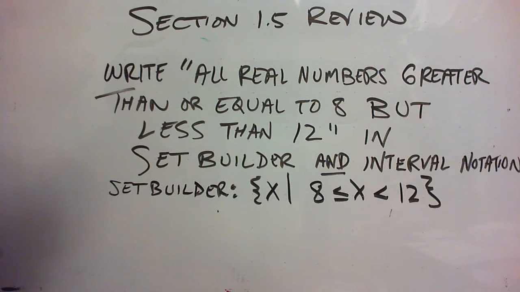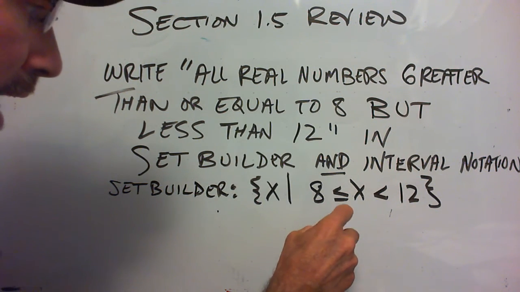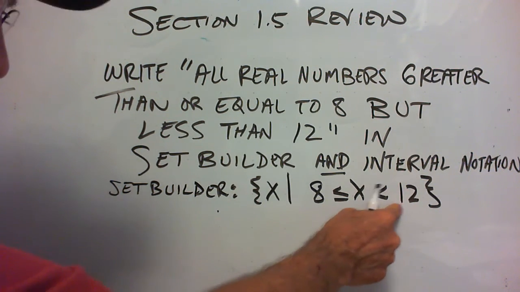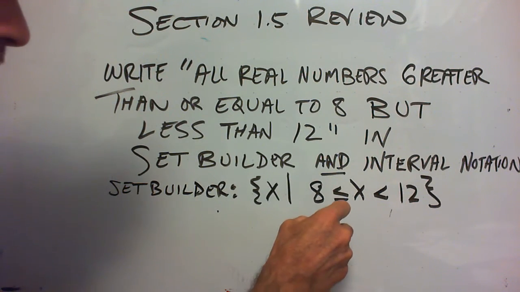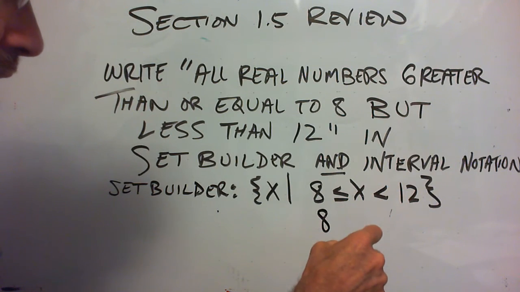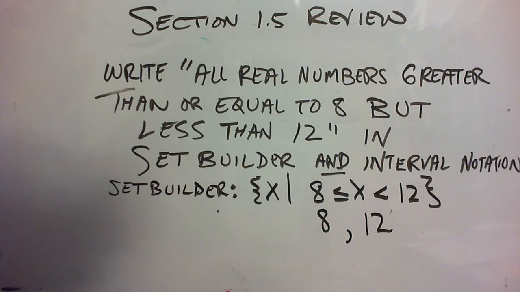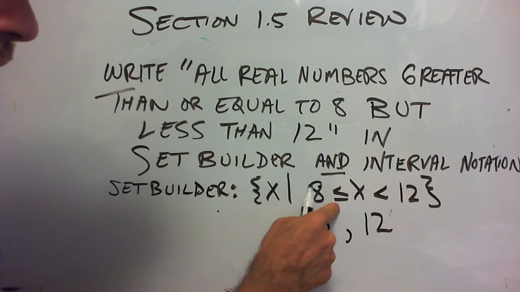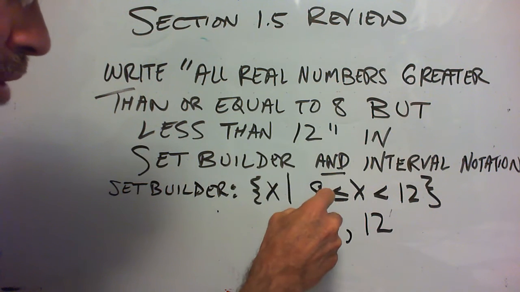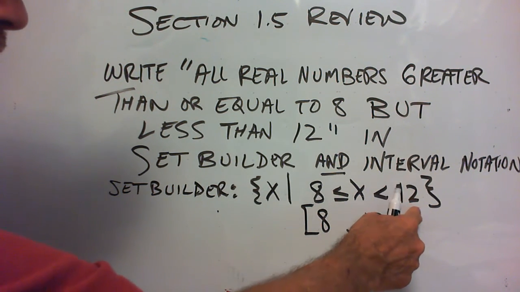Now the interval notation is similar. It has a left endpoint and a right endpoint, and this is why I wrote it this way, because it kind of lends itself to the interval notation. The left endpoint is 8, the right endpoint is 12. That's our interval. Now for this notation, if we're including the left endpoint or the right endpoint, we use a square bracket. If we're not including an endpoint, we use a round bracket.